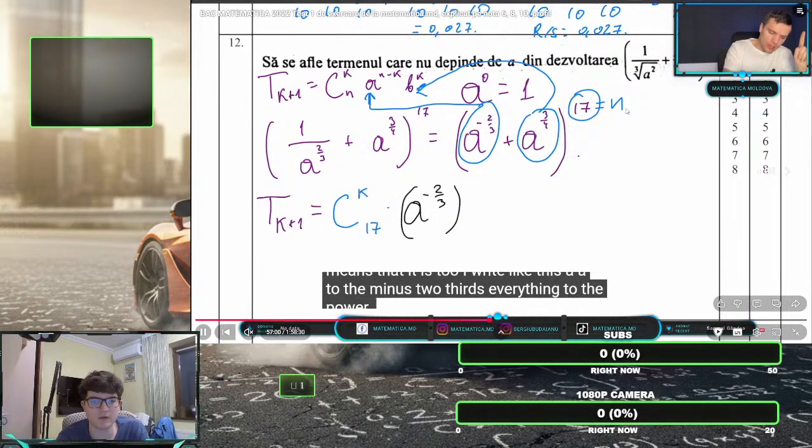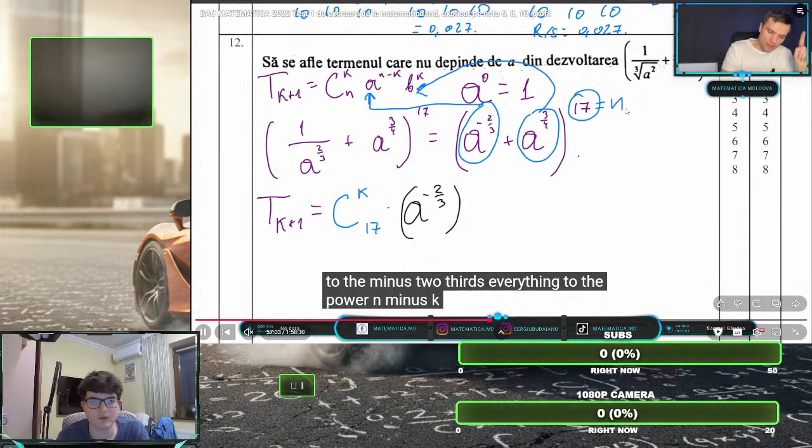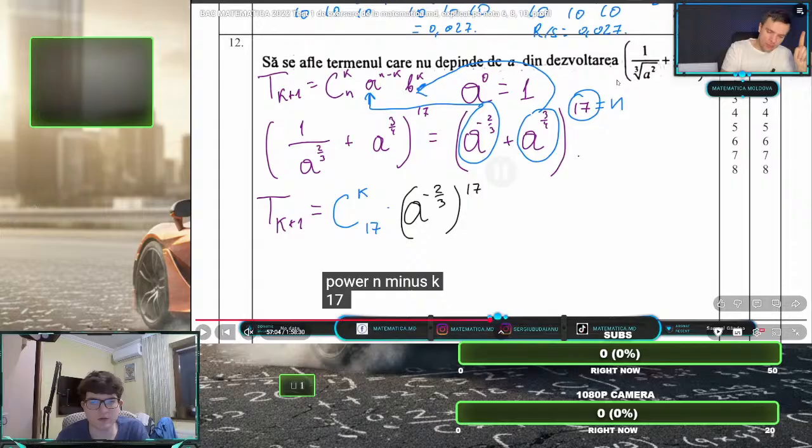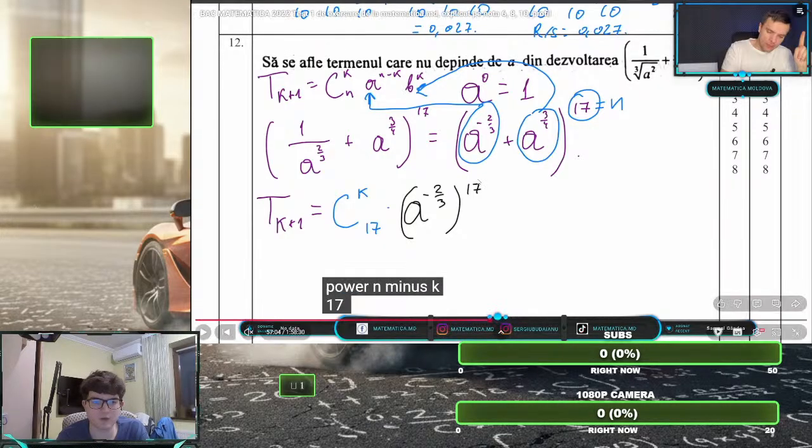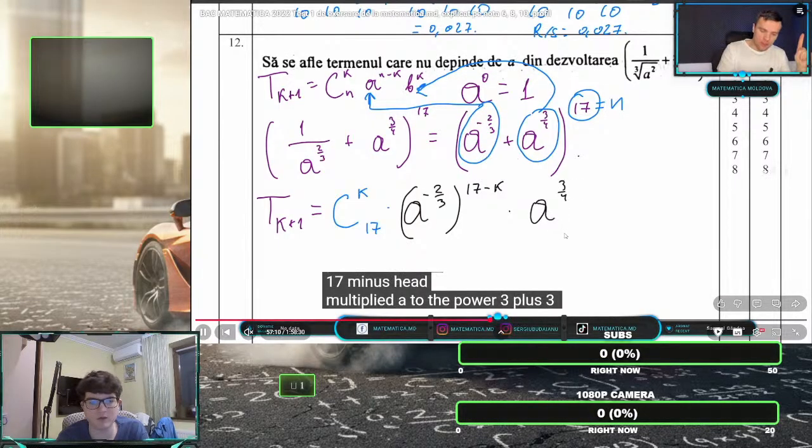Yeah, he's explaining that. So we basically messed around with that to make it simpler. And he just popped in a, the first term, there, power 17. Why power 17? Because it's gonna be 17 minus k, because n is 17.